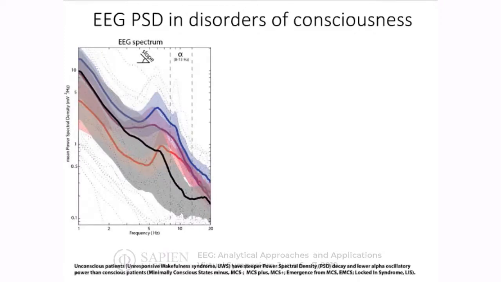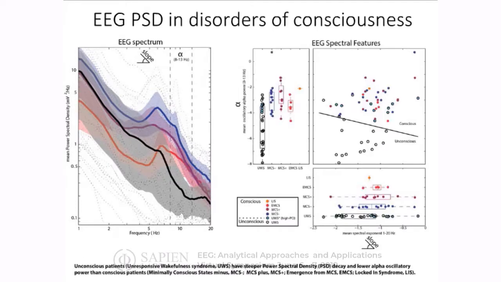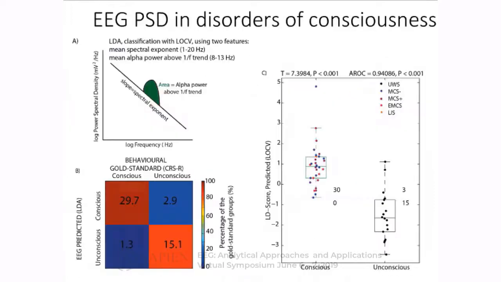Is it lower on the affected hemisphere? Briefly, yes. We did get some positive results. Preliminarily, we saw that the slope of the PSD, together with the amount of alpha, was able to discriminate people that were in a vegetative state from other participants that had different degrees of consciousness.